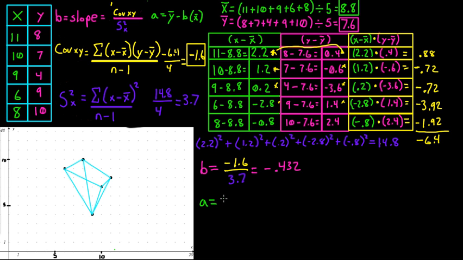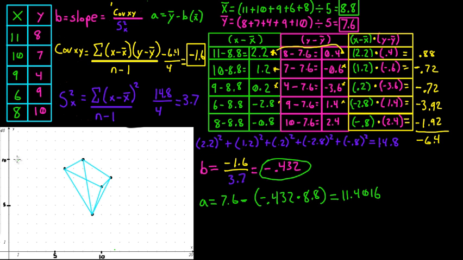Alright, so we got 7.6 minus the slope, which is right here, that's the slope, minus a negative 0.432 times x bar, and x bar is 8.8. And that is going to give us 11.4016. So that is your y-intercept.